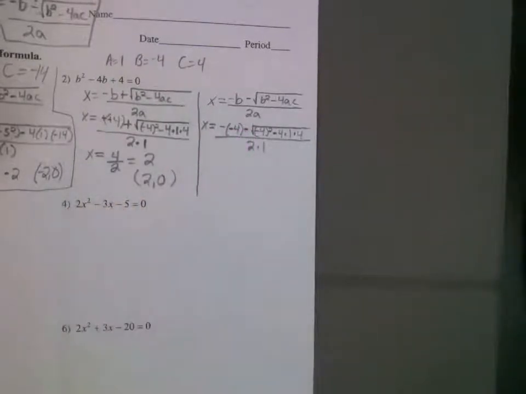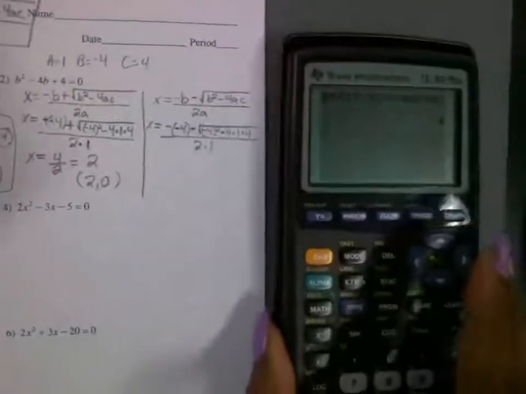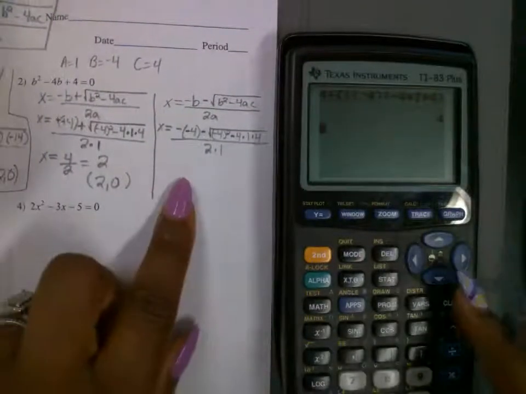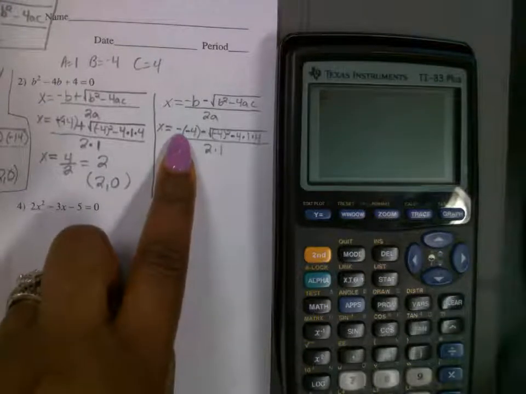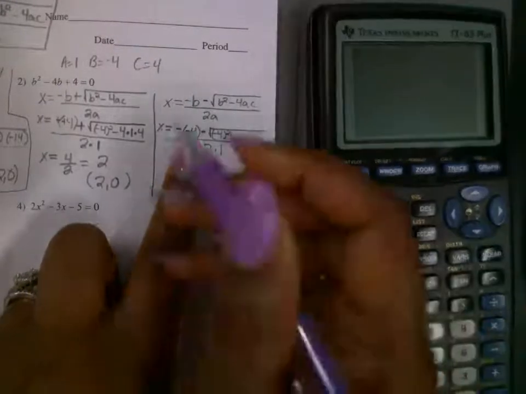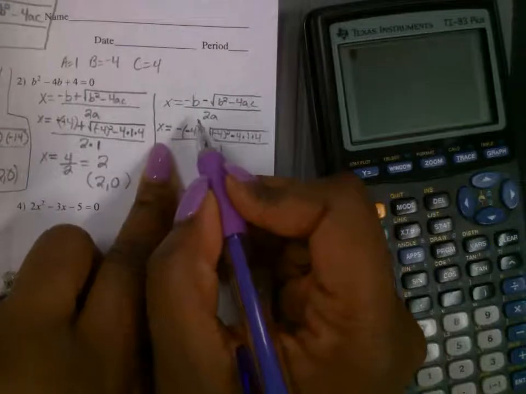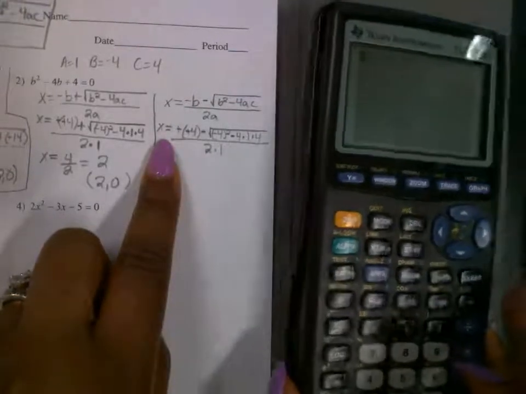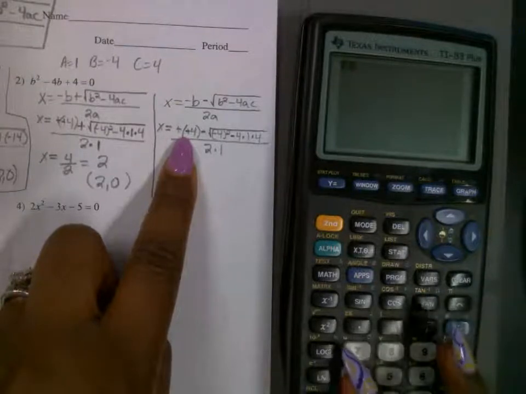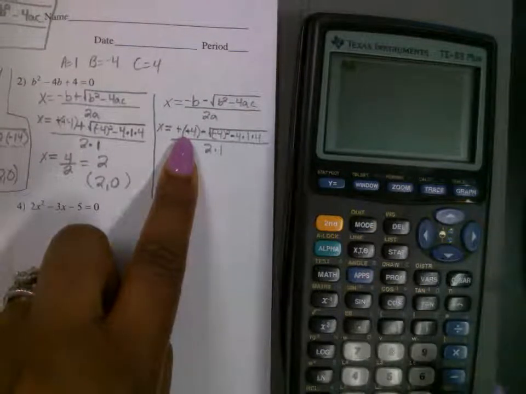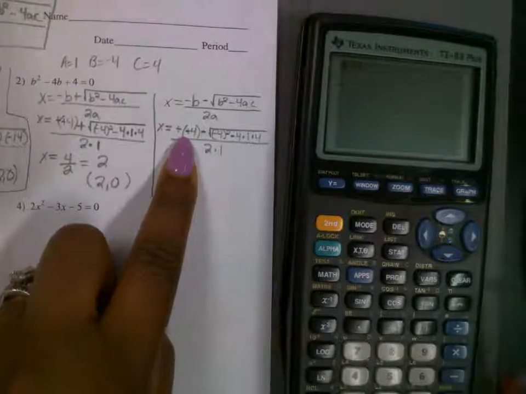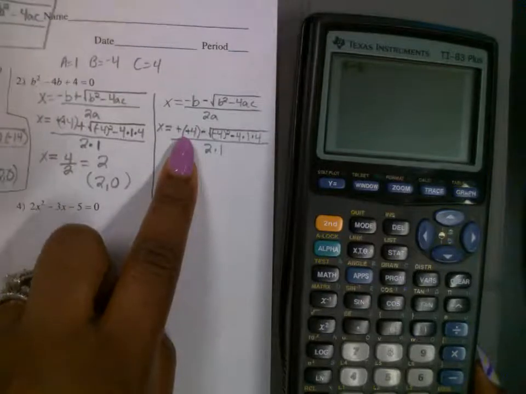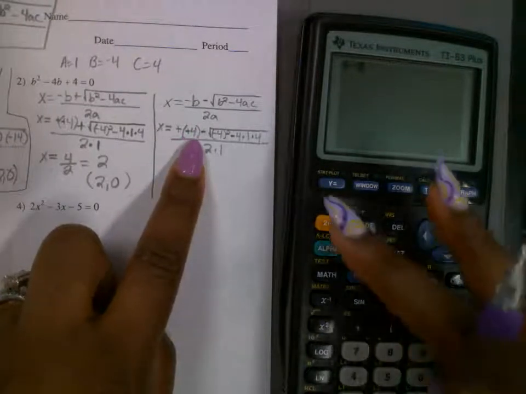All right? So let's type that. You okay? Yeah. So minus a negative is the same as saying what? Positive. Plus a positive. Okay. So we're going to type in 4. It's positive 4. Minus, square root.